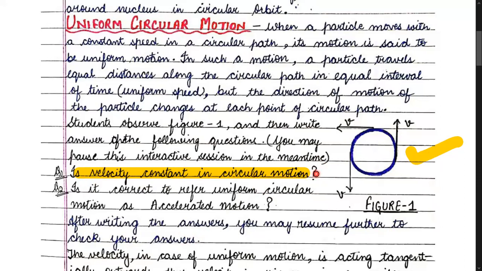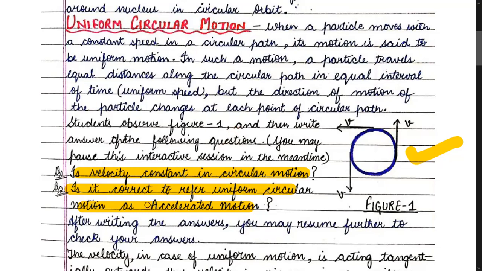Give the reason for your answer also. Moreover, tell me, is it correct to refer to uniform circular motion as accelerated motion? Children, after writing the answer, you may resume the lecture to check your answer.